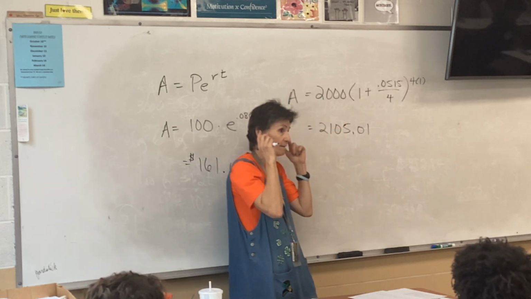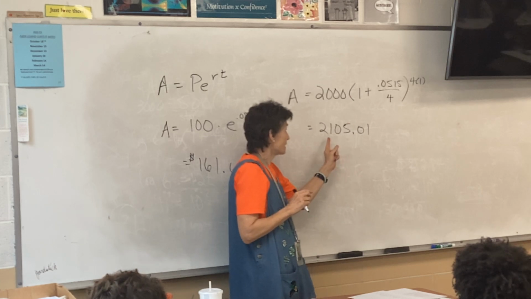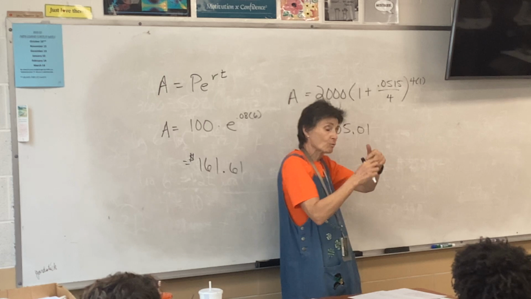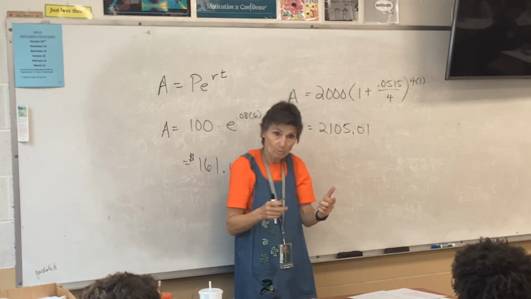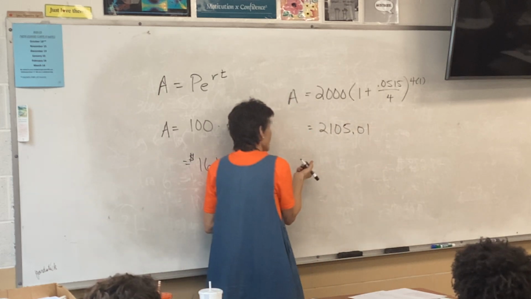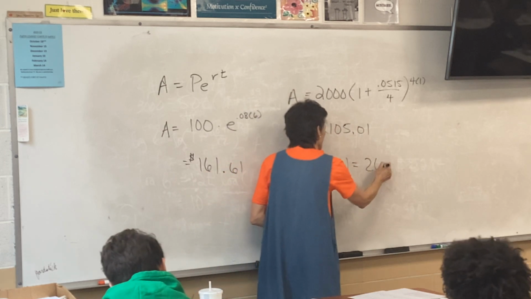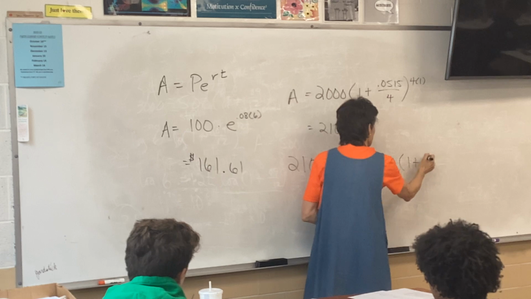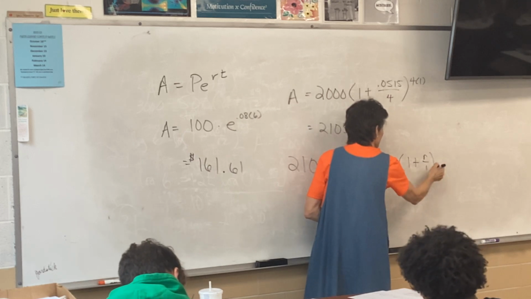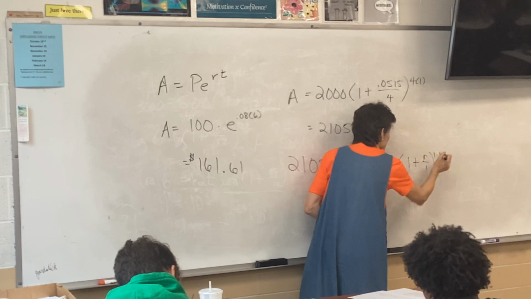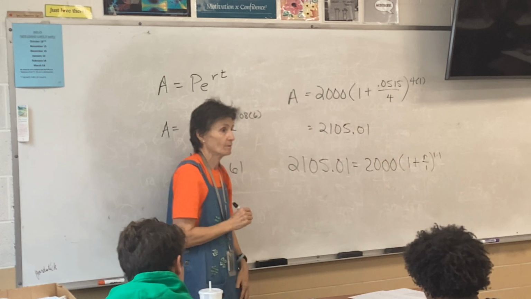Do you see what I'm saying? Because this is earning interest on interest. So the amount grew a little faster than it normally would have. So we're gonna go back and we're gonna figure out, what would the interest rate have been if it was annual interest, just once a year?